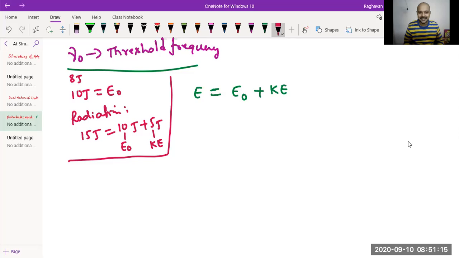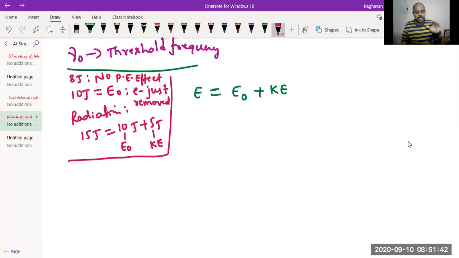Nothing happens. That means no photoelectric effect is observed. What happens if exactly 10 joules is incident on the metal surface? The electron is just removed.